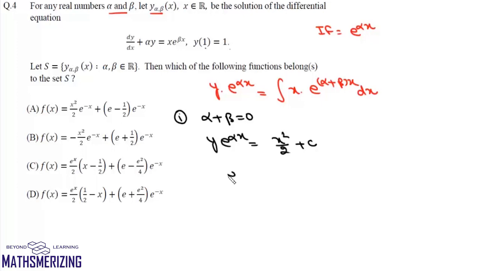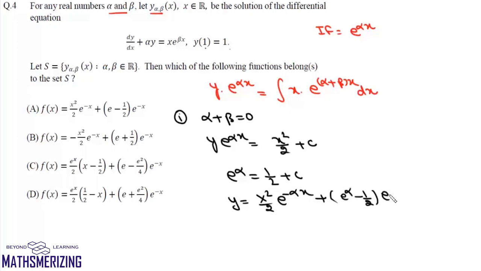So e to the power alpha is equal to 1 by 2 plus c. So the value of c is e to the power alpha minus 1 by 2. So we can write y as x square by 2 into e to the power minus alpha x plus (e to the power alpha minus 1 by 2) into e to the power minus alpha x.